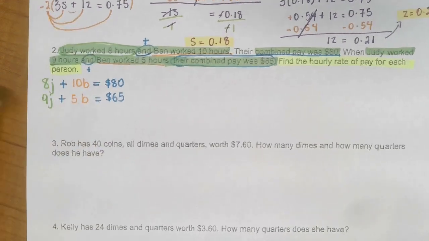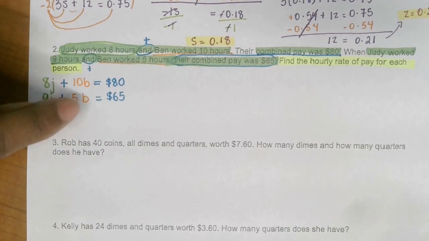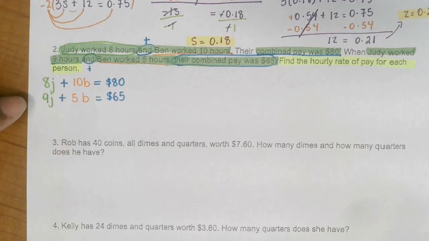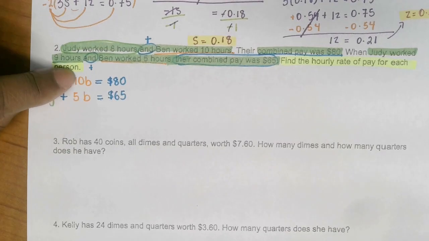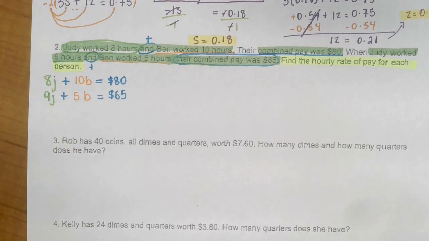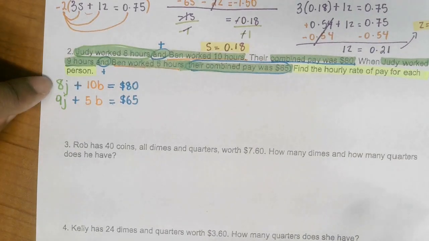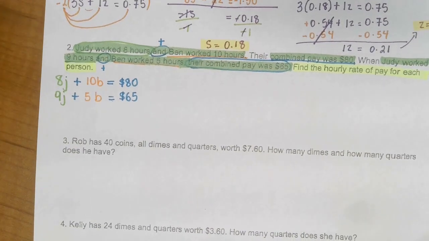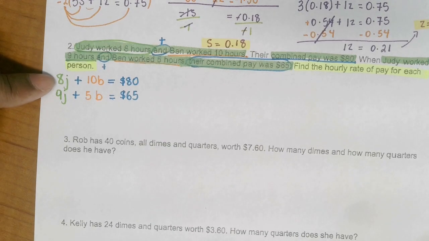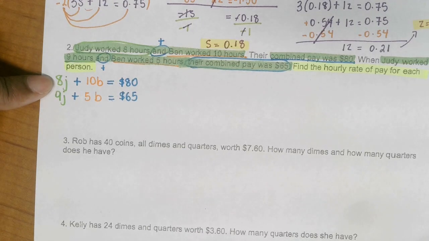So what we're going to do, we know our variables, the J and the B. We want the coefficients to be the same for one of the variables. And remember, a coefficient is a number that is in front of your variable, your letter. So I know this is the biggest number for J, so I need to probably get the 8 to be also 9. What can I multiply by 8 to get 9?